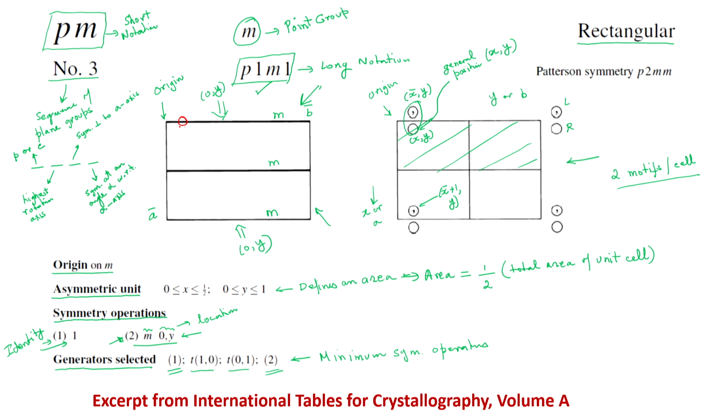So it does not produce another copy of that atom, but of course the translation would produce an atom here, and similarly translation along B will make an atom here and here. Now, if this is a single atom, how many atoms are there? Half from here, half from this one and 0 from the other two, which means there is a total of 1 atom per unit cell.